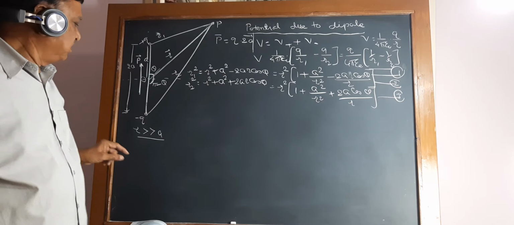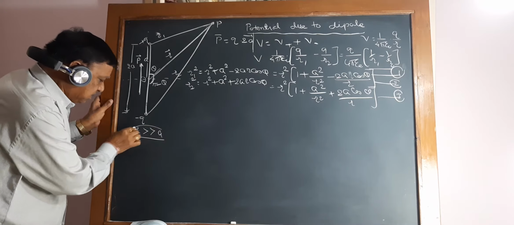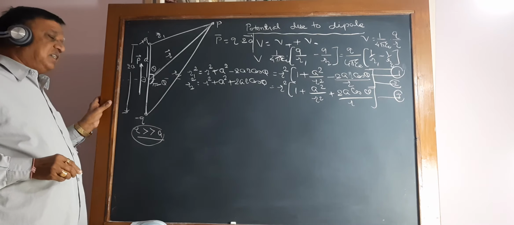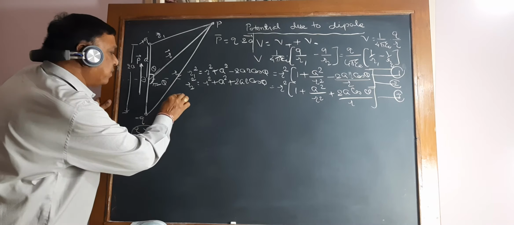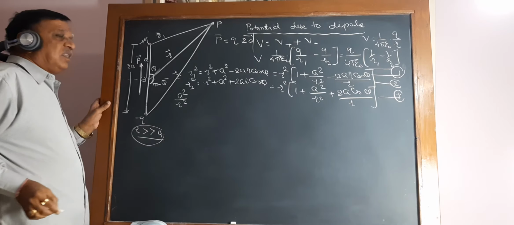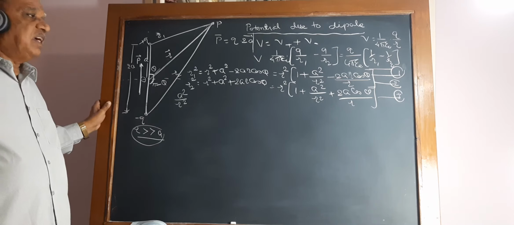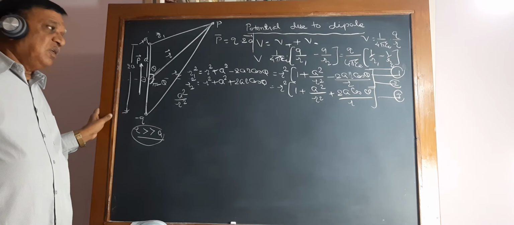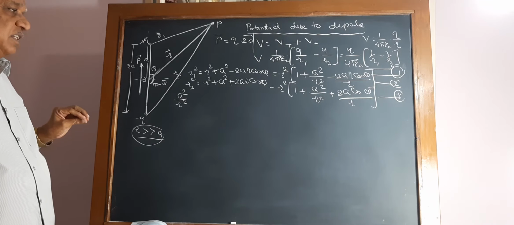Now r is greater than a, so a square by r square will be very small, so it can be neglected.